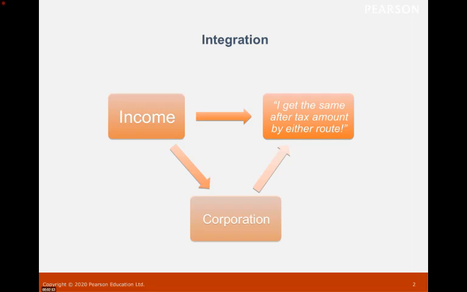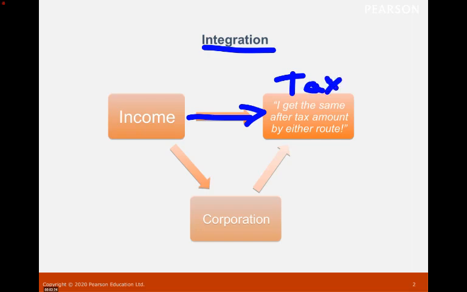So one of the topics we've kind of alluded to or mentioned before in Tax 1 and Tax 2 is this concept of integration. So if we have this second layer of a corporation being involved, we have our income, the source of income coming from, some sort of generated income. Does it go directly to the taxpayer?